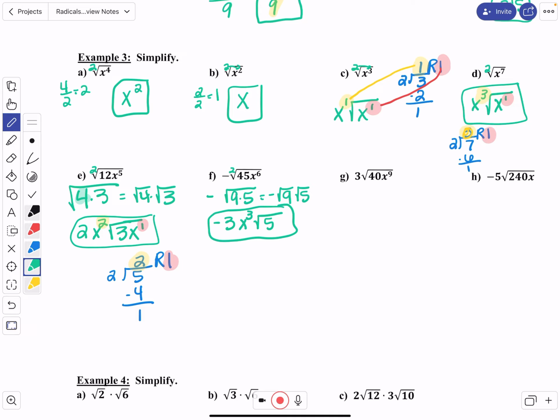Okay? Okay, on G, if I do my 40, I've already got my 3 on the outside. I have to think of a perfect square that goes into 40. So let's see here. 40, let's see what is a perfect square that goes into 40.